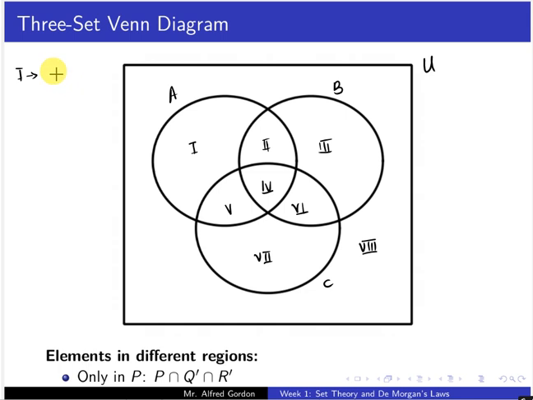Region I has to do with elements in A, not in B and not in C. That is A only. Region II has to do with elements that are in A, in B, but not in C. This whole region has to do with A intersection B, but C is out. Now the third region has to do with elements not in A, but in B and not in C. That's B only.